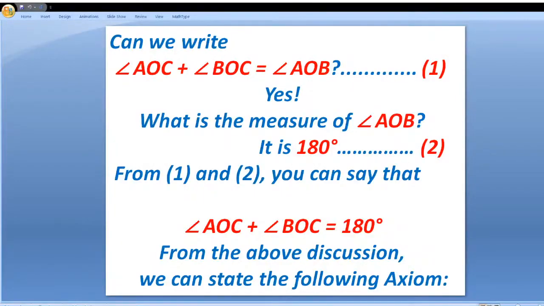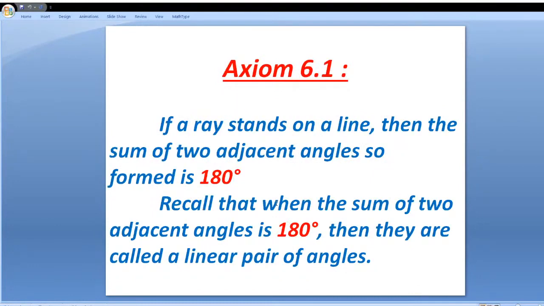See here, this is your axiom 6.1. If a ray stands on a line, then the sum of two adjacent angles so formed is 180. Recall that when the sum of two adjacent angles is 180, then they are called a linear pair of angles.